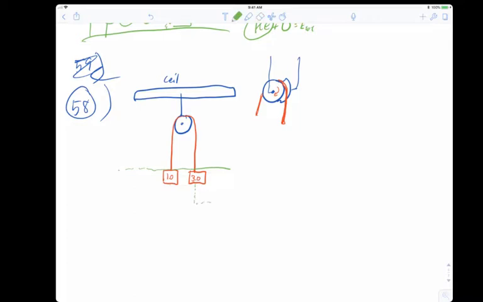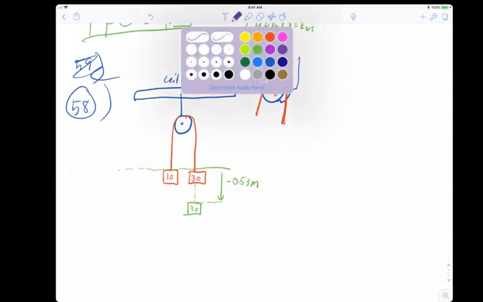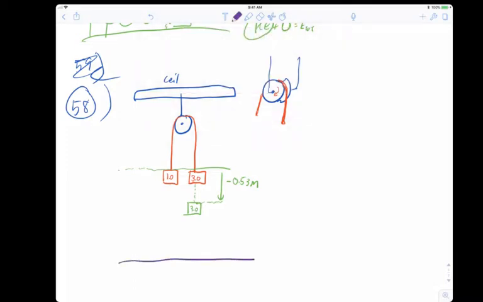So the 3 kilogram block drops a height, minus 0.53 meters. Okay, so now the 3 kilogram block is here. And we can put the ground down here. Why not?